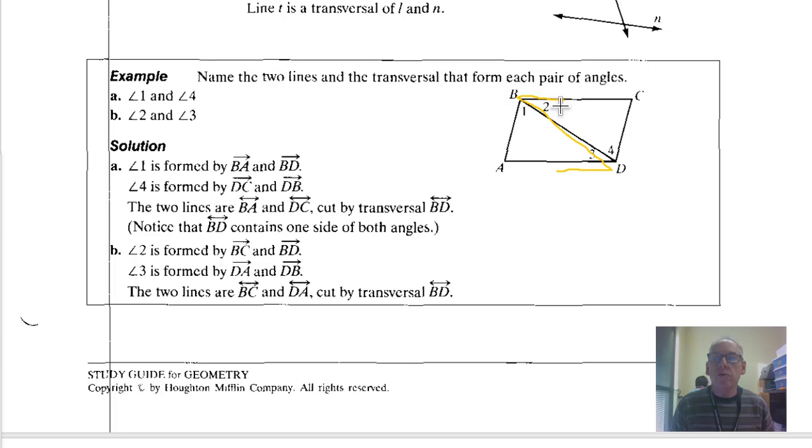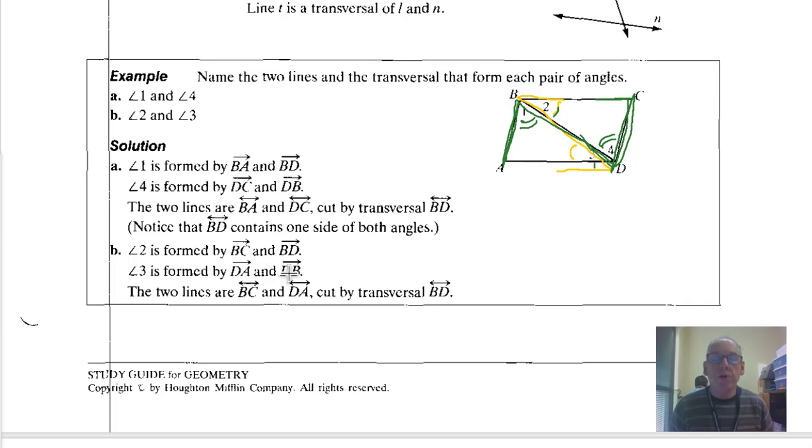And with alternate interior angles, you can always kind of visualize a Z, either a regular facing Z or a backwards facing Z. So if we look at the two horizontal pieces of the Z as being the BC and the AD segment, the crossbar then represents the transversal, and we can see that angle 2 and angle 3 are alternate interior angles.